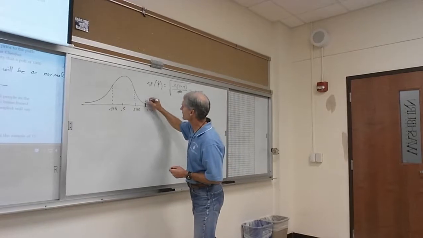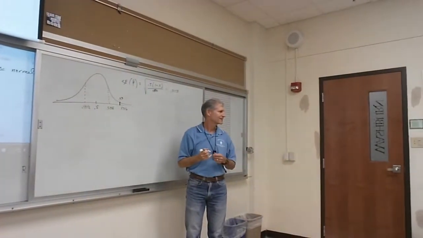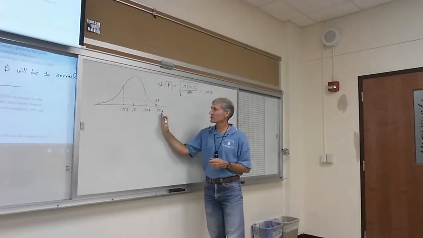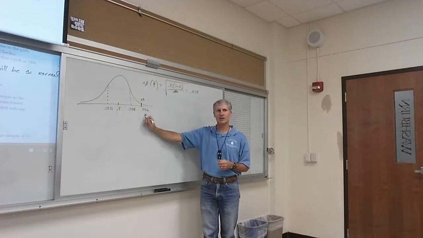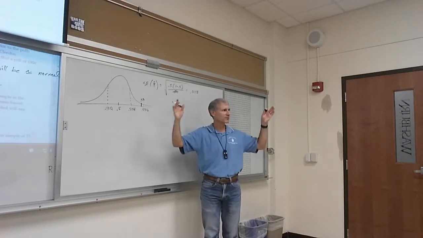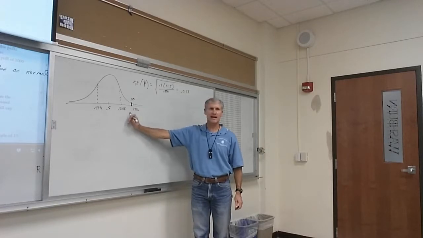So give me a ballpark estimate. 0.025. Okay, but a little bigger than that, right? Because from 2 standard errors up would be 0.025, 2.5%, half of what's left over from 95%. So this is a little bit bigger area than that.